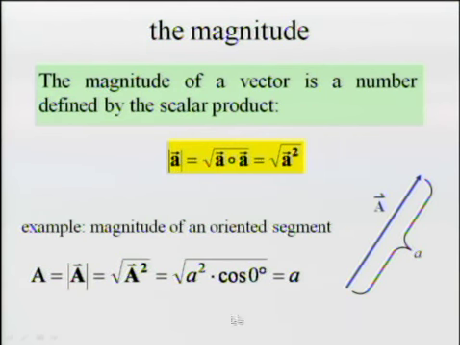Now, for an arrow, I have to take the length of vector A, multiply by the length of vector A, and multiply by the cosine of 0 degrees. The cosine of 0 degrees happens to be 1. Length happens to be a positive number. So if I square the length and take the square root, I will get the length of an arrow. What's the conclusion? What did I just get? That the magnitude of an arrow is equal to its length.